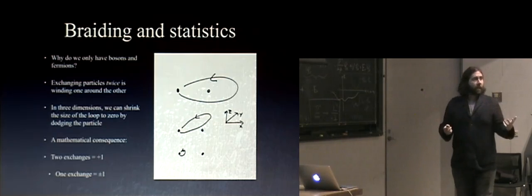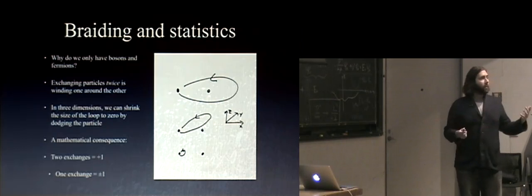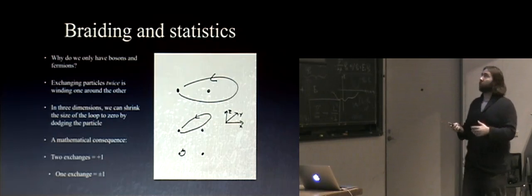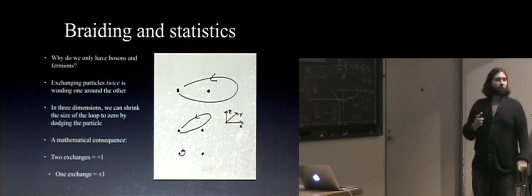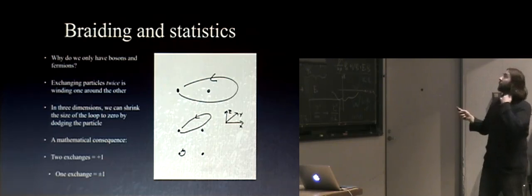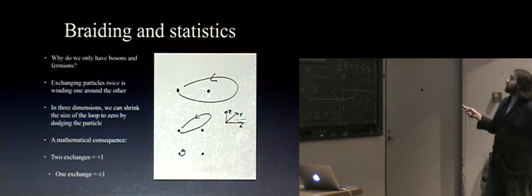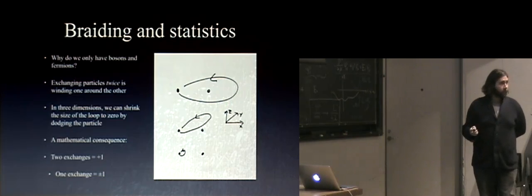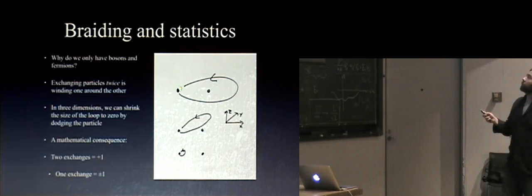Now, mathematically, the reason that fundamental particles have to have plus or minus 1 is the following. It's because there's no topological obstruction to the following. So here is a 3-dimensional picture, there's x, y, and z, of my one particle, and I wind it 360 degrees around the other particle. But I can smoothly deform this path.